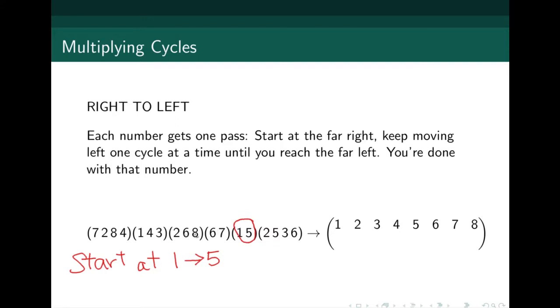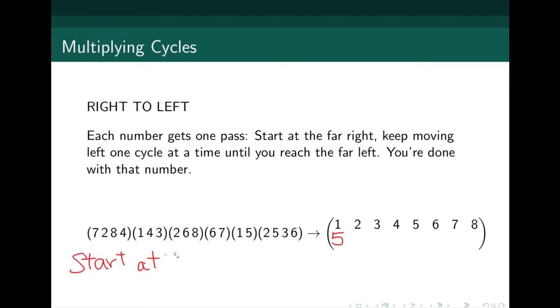In the next cycle, nothing happens to that 5. In the next cycle, nothing happens to that 5. In the last cycle, nothing happens to that 5. And now we're at the end. So we started at 1, we ended up at 5. That means overall, 1 goes to 5 in this permutation, or this product of permutations, if you want to think of it that way.